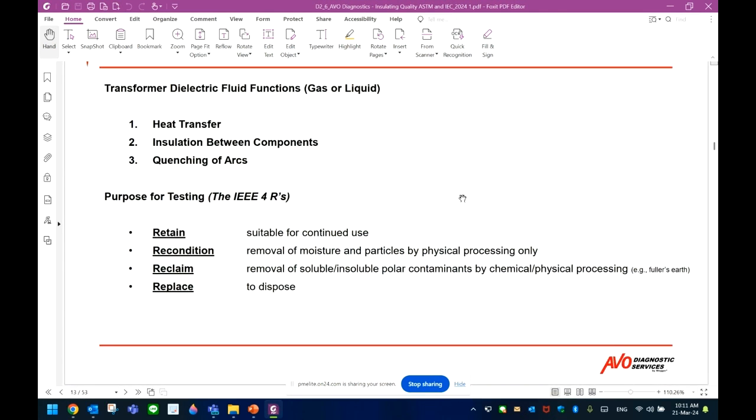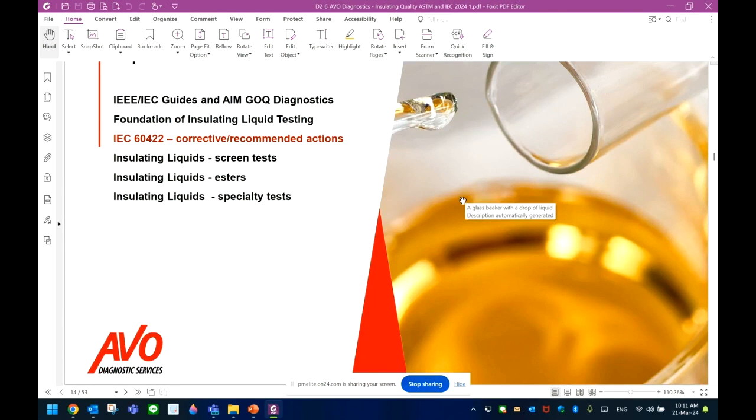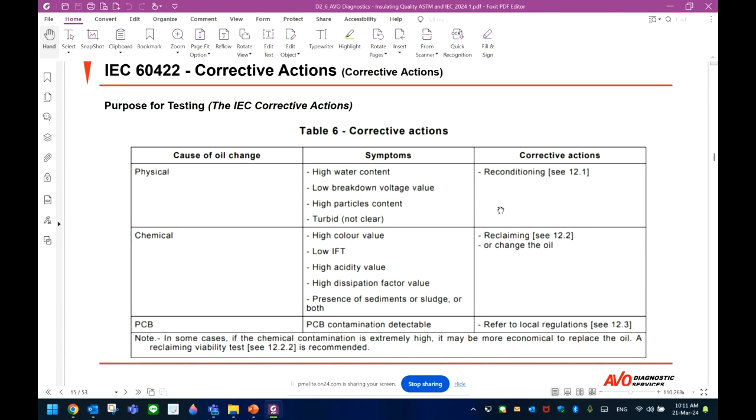To prove those properties, we have many tests. First is the physical. Second is the chemical or contamination, such as the water content as a physical, low breakdown, high particle, turbid, chemical like color. This is the question. Low IFT, change of the tension.